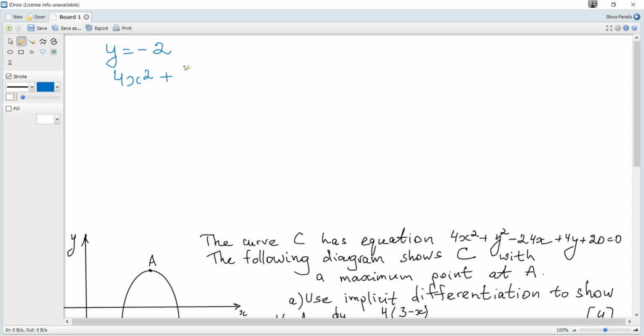It becomes 4x squared plus y squared, which is 4, minus 24x minus 8 plus 20 is 0.